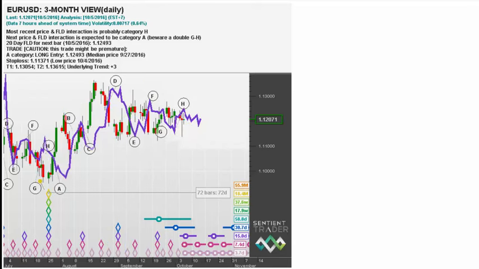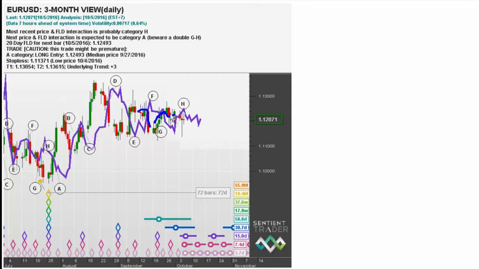But let's just continue looking at this sequence of price interactions with the FLD. So things are looking very good up until the E category interaction. The F category interaction, price breaks down below the FLD, which it did quite nicely over there. Then for the G category interaction, we expect price to come up to the FLD and find resistance over here, which it didn't really do.